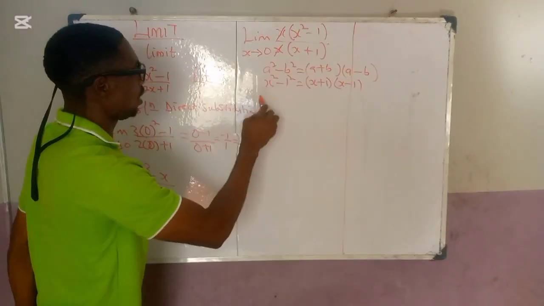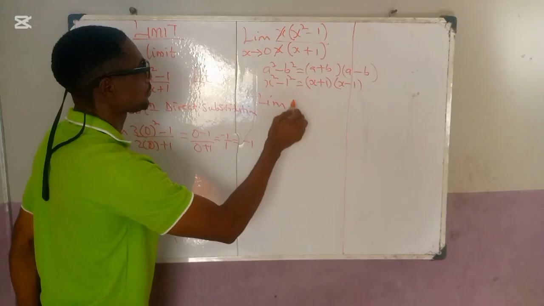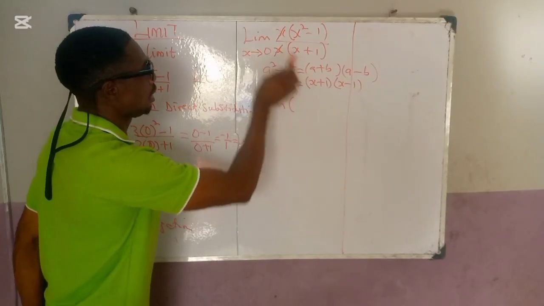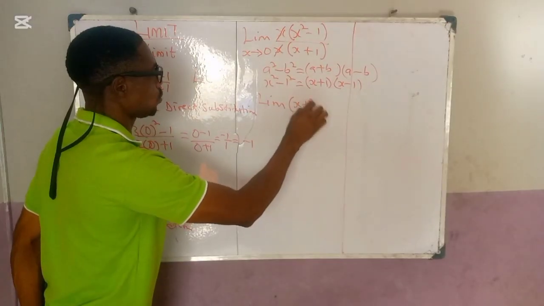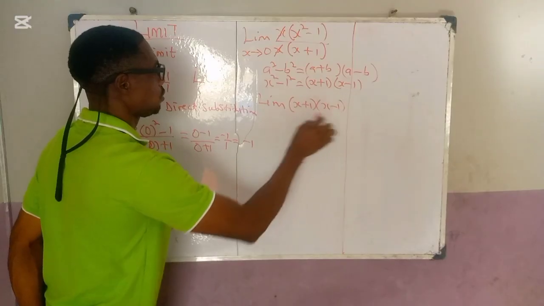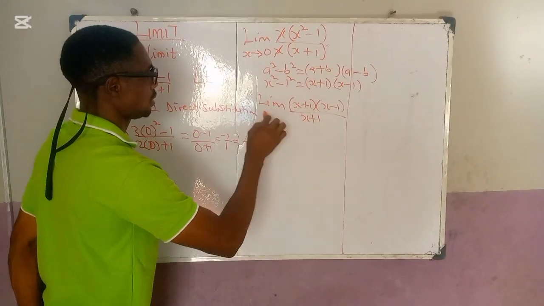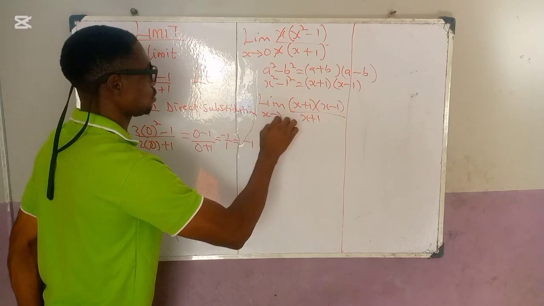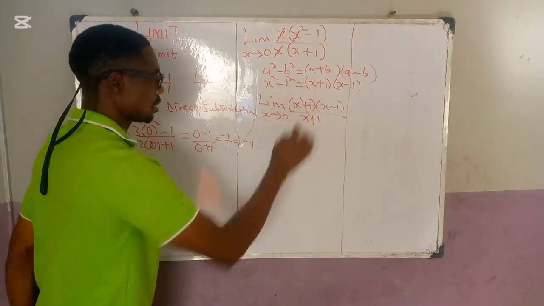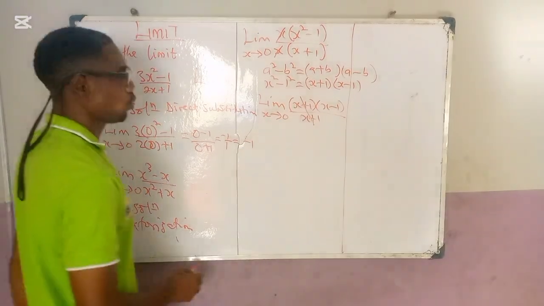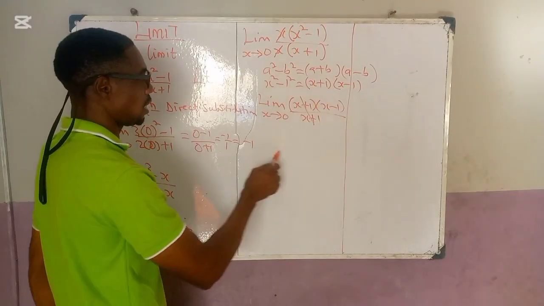Now we have the limit as this becomes (x + 1)(x - 1) over (x + 1), as x tends to 0. This takes care of themselves there. So we have x minus 1 left.